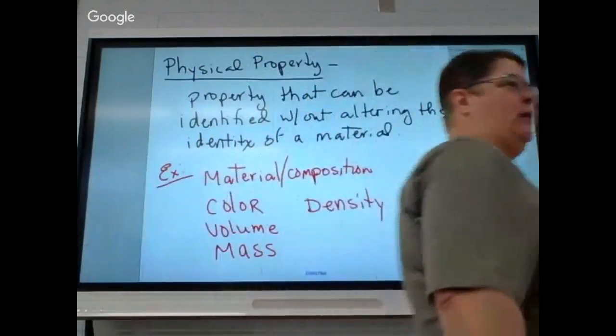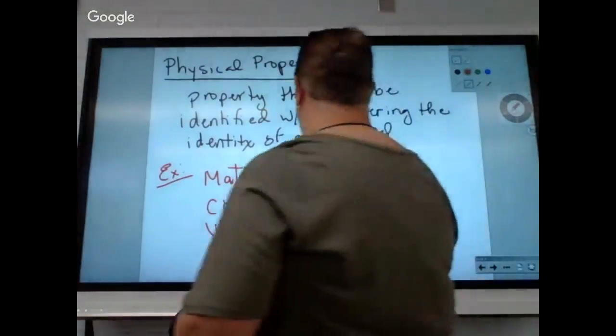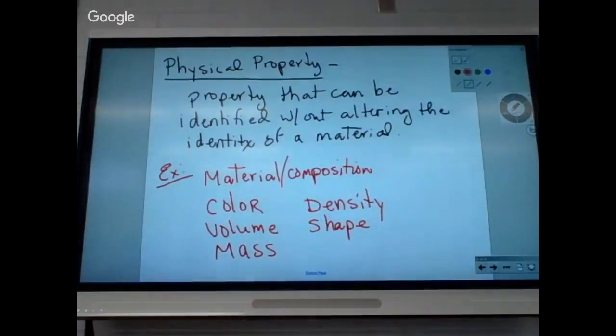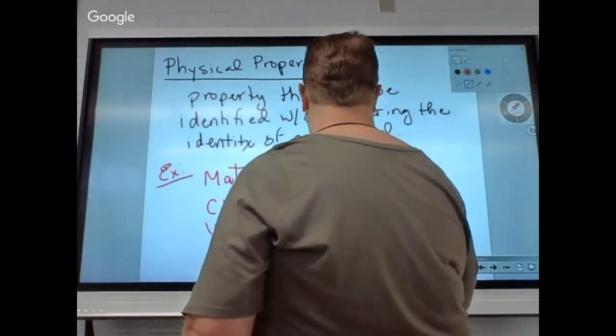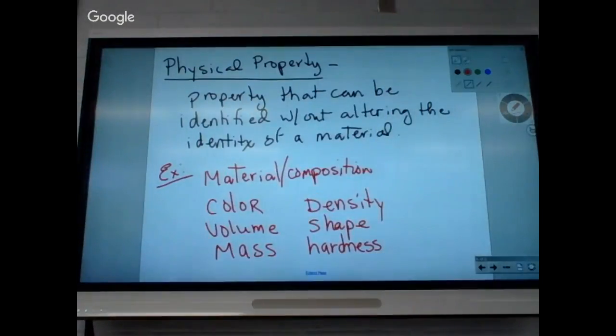Okay. There are lots of things y'all can give me about this desk. Angular. Sure. Shape. Something else. Sure. Hardness. When y'all talked about, not physical science, sorry, earth science with rocks, y'all talked about hardness, should have talked about the Mohs scale. All right. Hardness in chemistry also applies. Some elements are very soft, some are very hard.